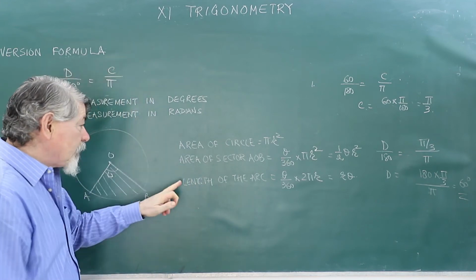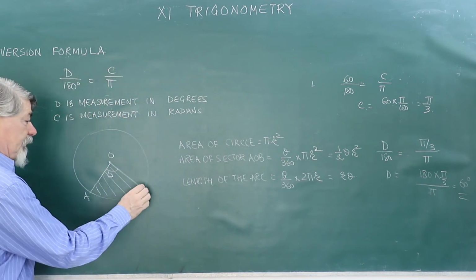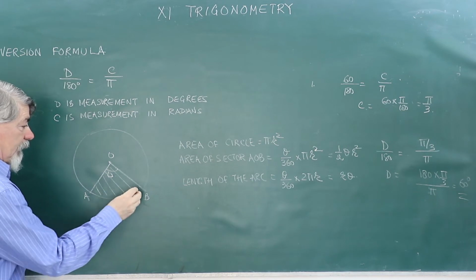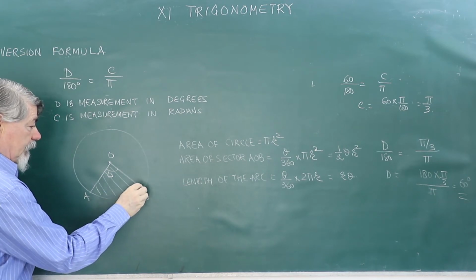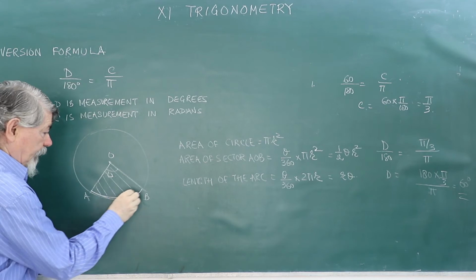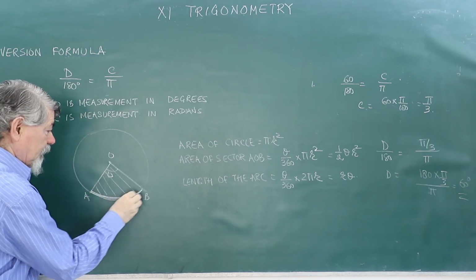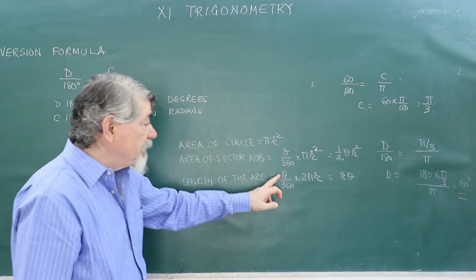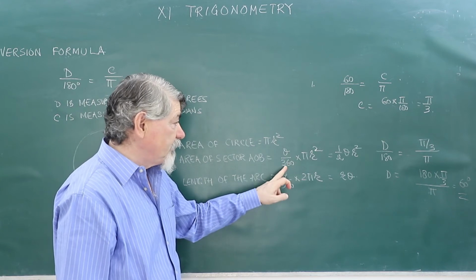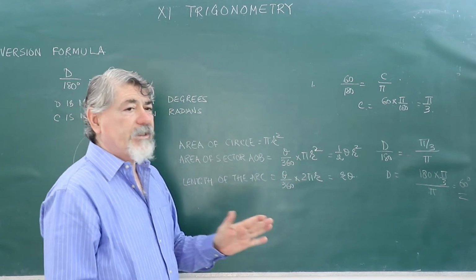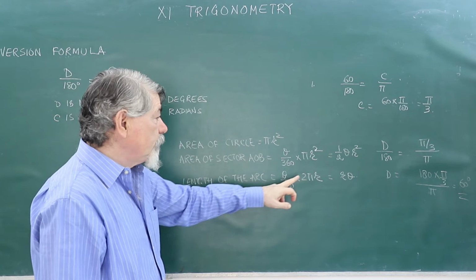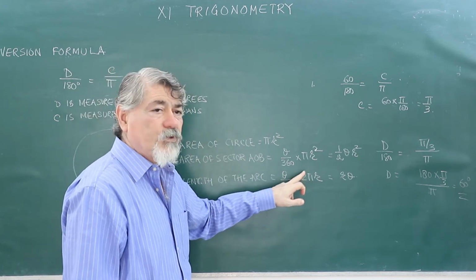And if I want to calculate the length of this arc AB, then it will be theta upon 360. Again here it was theta upon 360 because that is the part. And what is the circumference of the circle? 2 pi r.